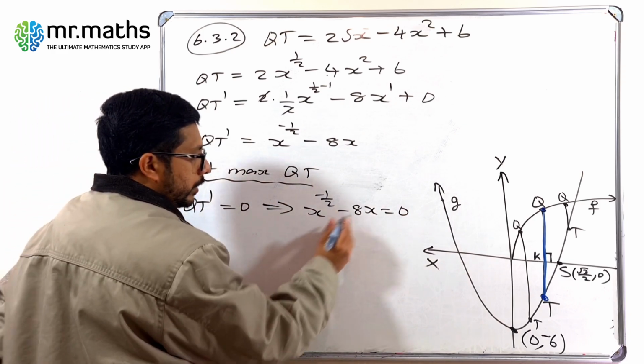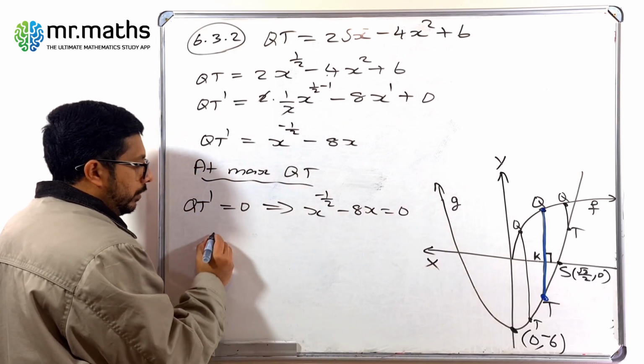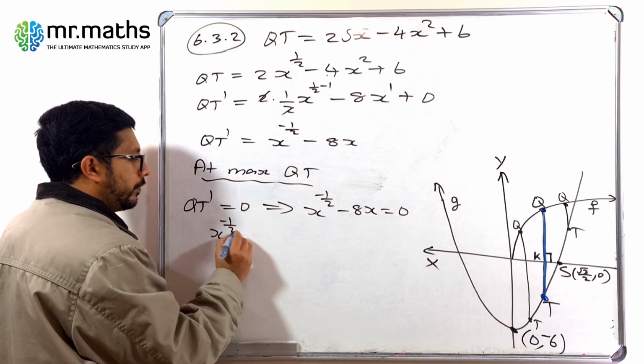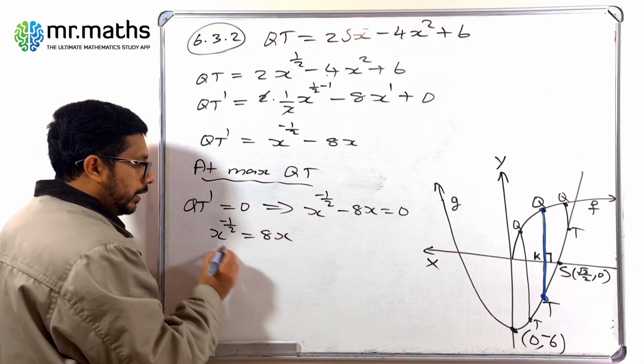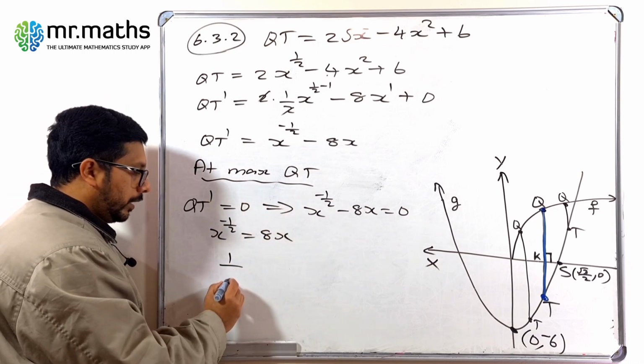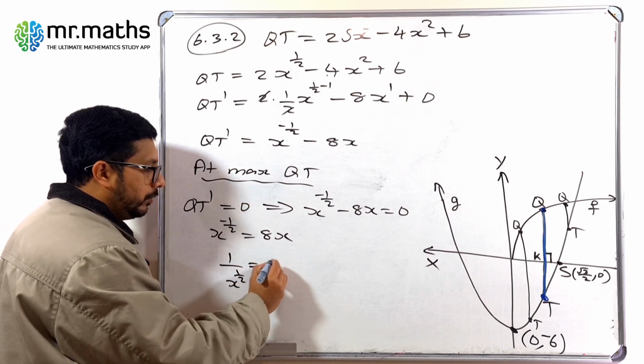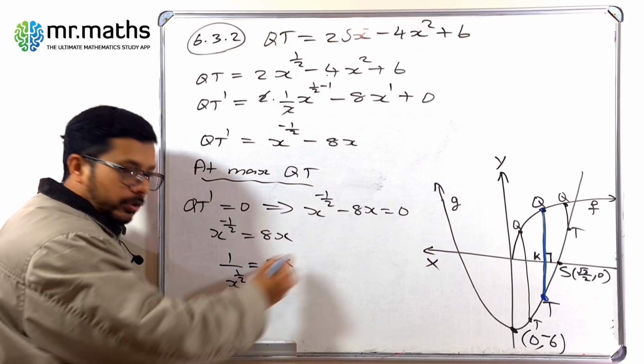Okay, so take this minus 8x to the other side. So now, okay, x raised to minus half is equal to 8x. This x raised to minus half is the same as 1 by x raised to positive half. Am I right? Is equal to 8x. Cross multiply.